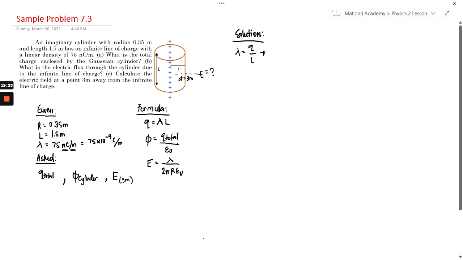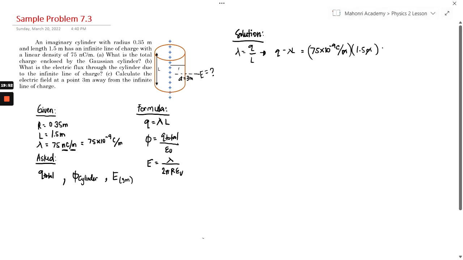Let me move that here. So that's Q is equal to lambda times L, and that is equal to 75 times 10 raised to negative 9 coulombs per meter, multiplied by the length of your cylinder, which is 1.5 meters.